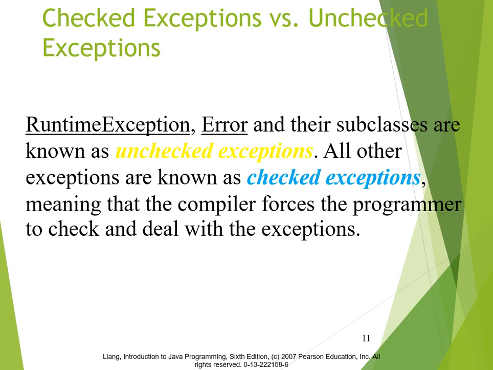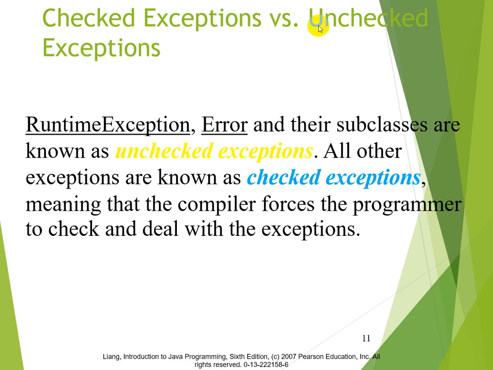And unchecked exceptions are those which are not checked by the compiler, and you need to handle those situations. Let me clarify that it's the programmer, not the user, who handles both types of these exceptions, either checked exceptions or unchecked exceptions.